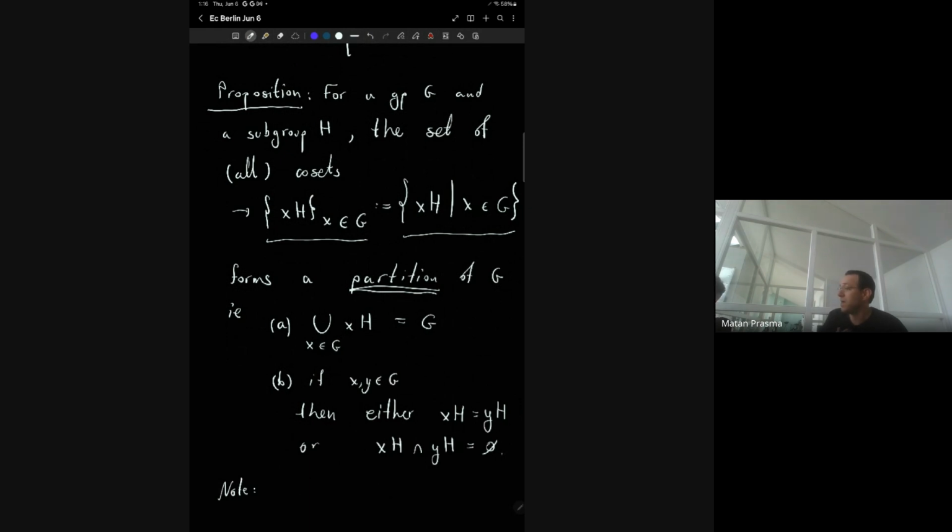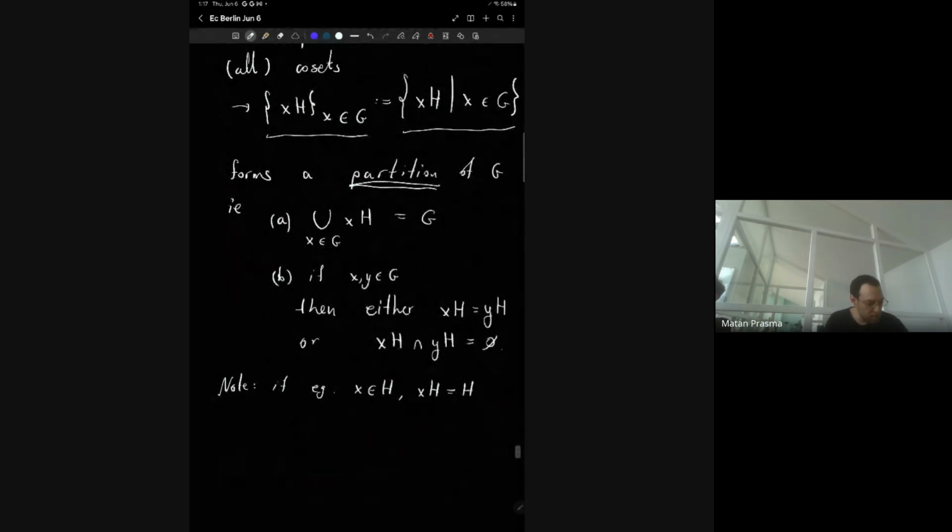I'm not sure if we proved it last time, but we did see that if, for example, x is in H, then xH is simply equal to H, because this is very easy manipulation.